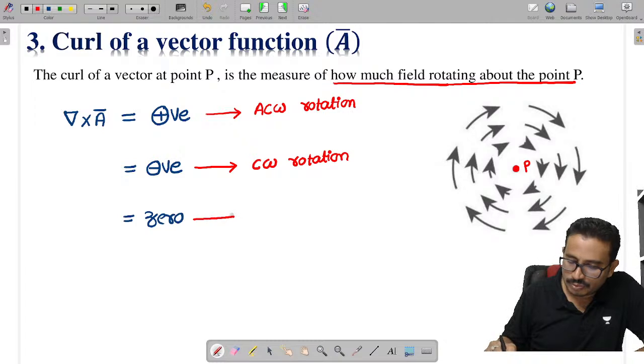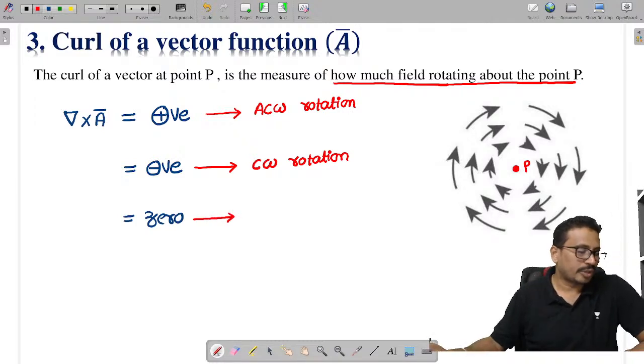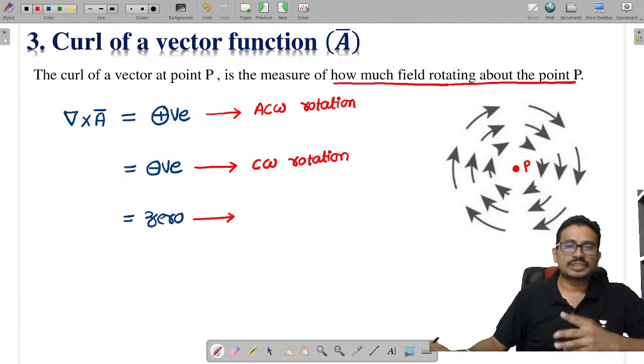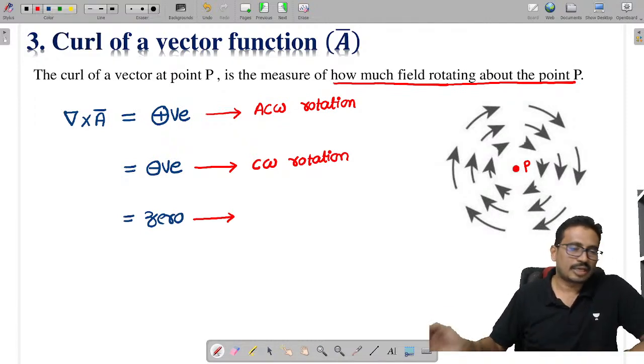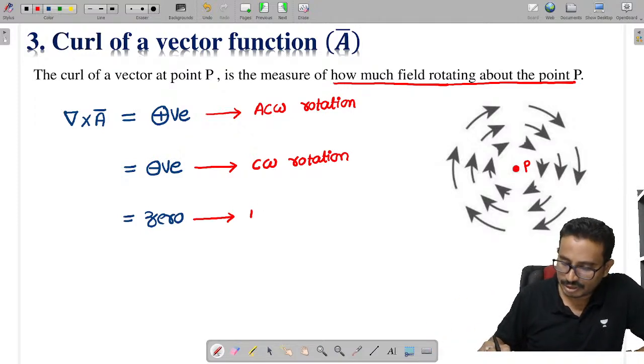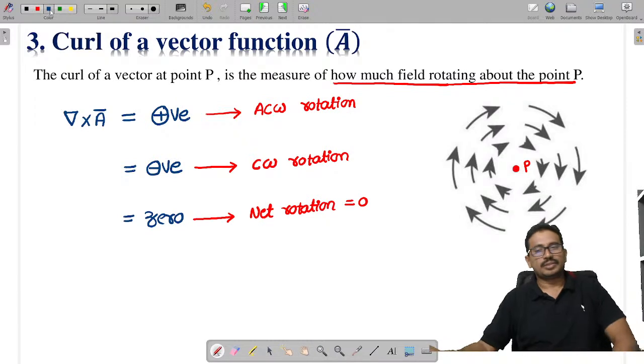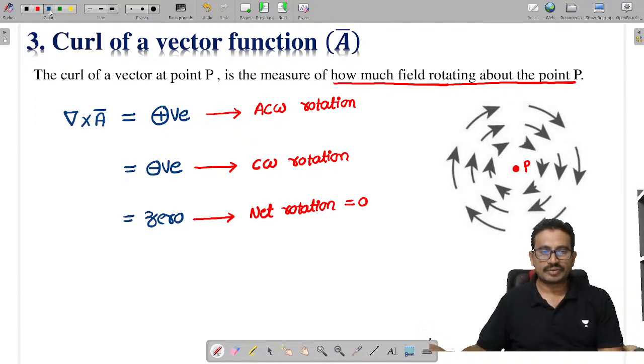And zero means what? If there is no rotation, or the net rotation is zero, meaning clockwise rotation equals anti-clockwise rotation. This is the curl of a vector quantity.